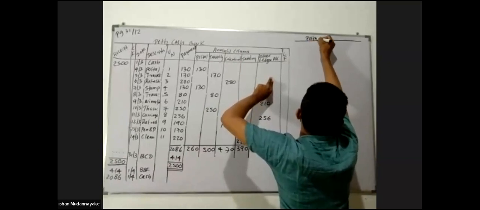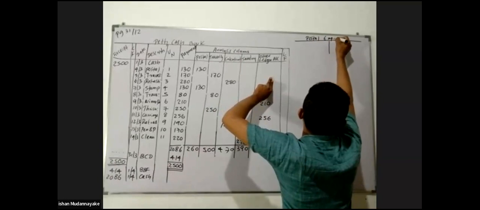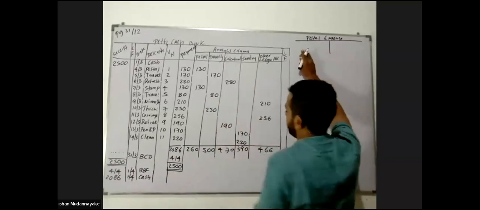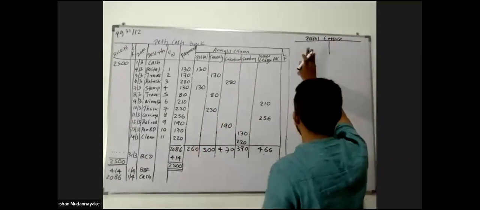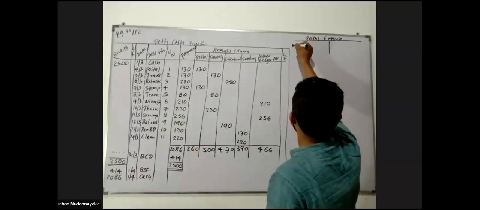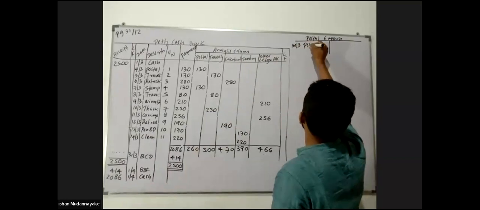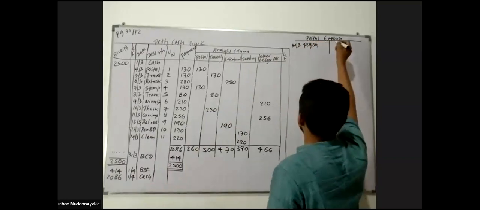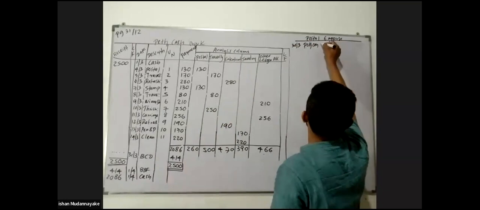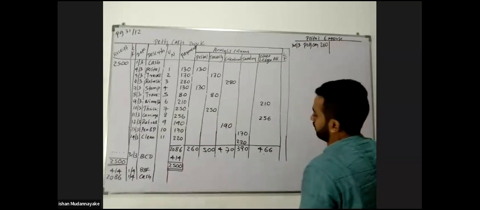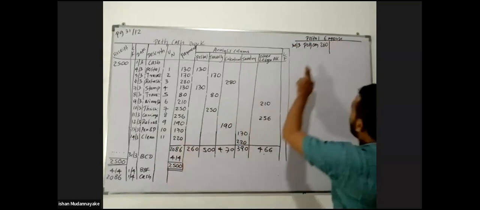Here postal expenses, 30th March, petty cash 260. Petty cash book credit, postal expense account debit.